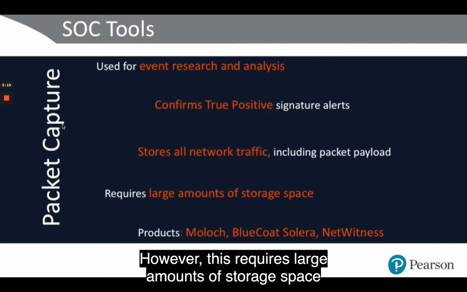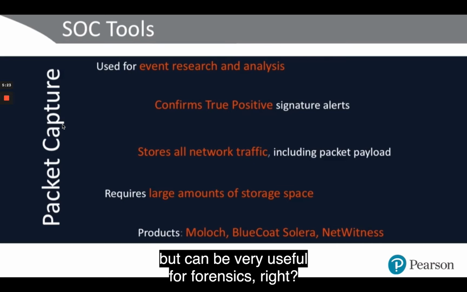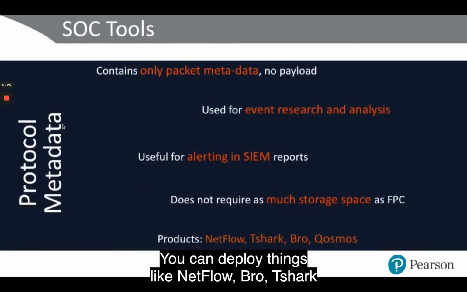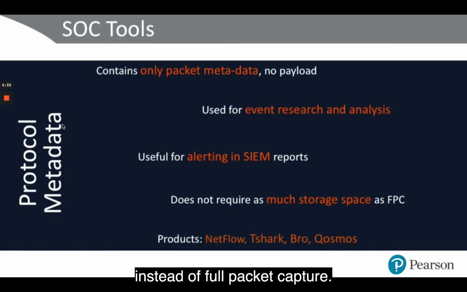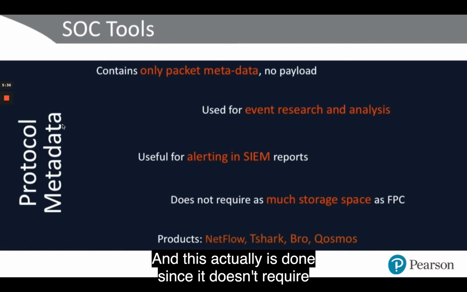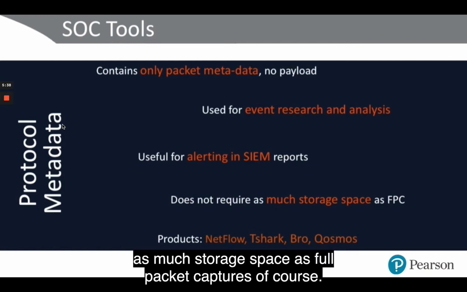However, this requires large amounts of storage space, but can be very useful for forensics, right? You can deploy things like NetFlow, Bro, T-Shark, and other tools to actually obtain packet metadata instead of full packet capture. And this actually is done since it doesn't require as much storage space as full packet captures, of course.